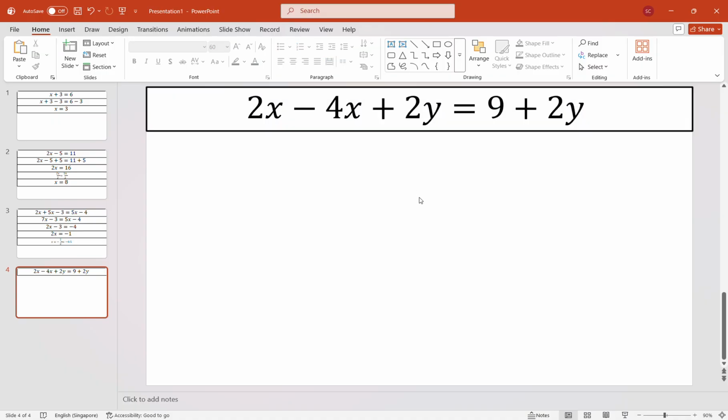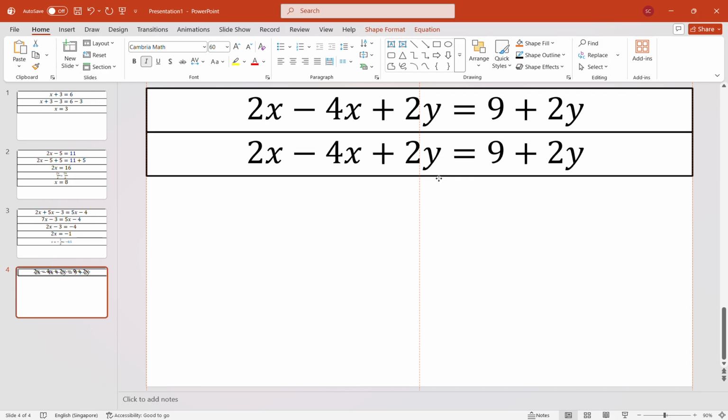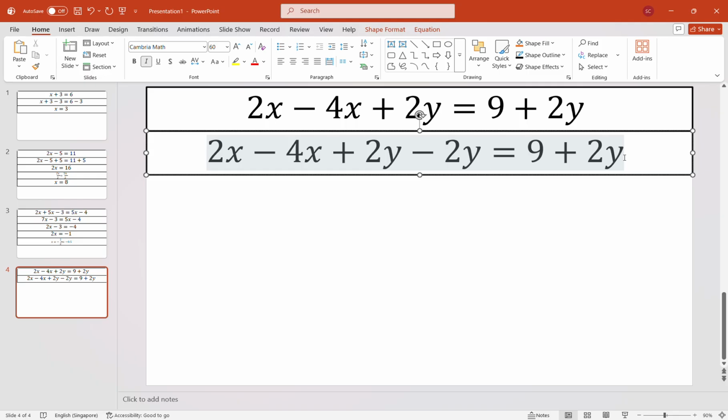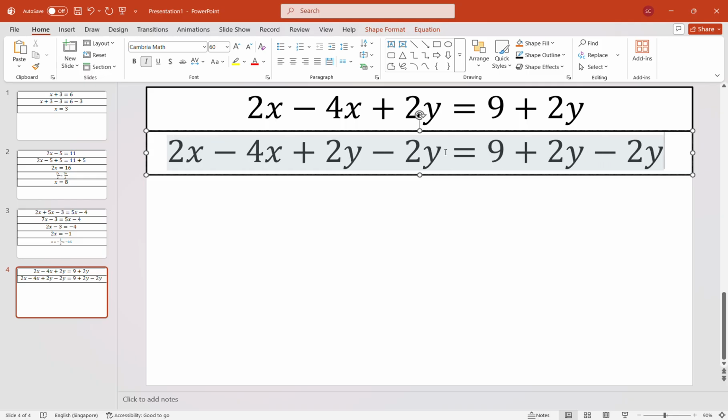Now I noticed, okay, this is actually pretty complicated because we're dealing with 2 different variables here. And a variable in this case is basically like an unknown value. But this is actually kind of easy because we can subtract 2y on both sides.